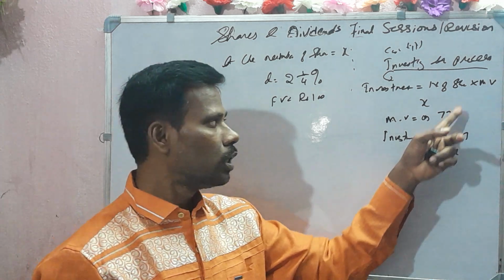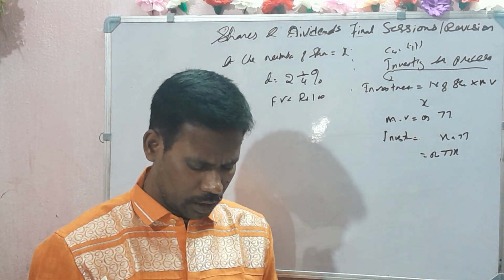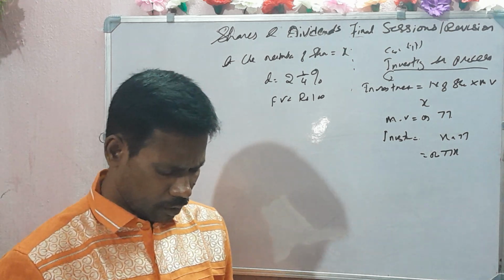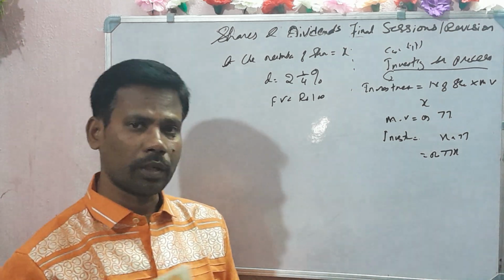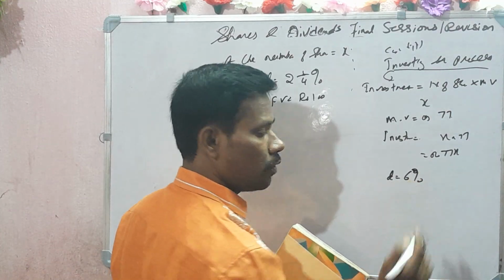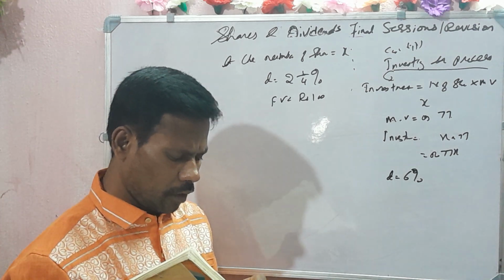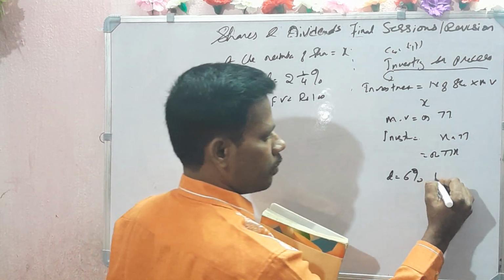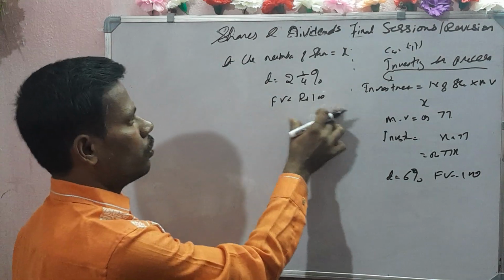Selling means market value, right? Now what is given? Investing the proceeds in 6% shares. Dividend is equal to 6%, 6% share of the face value 100. So this is case 1.